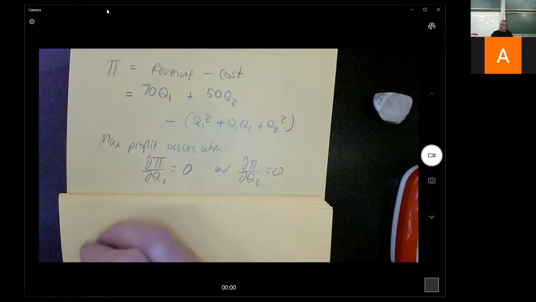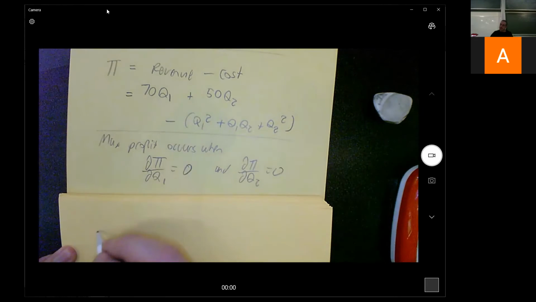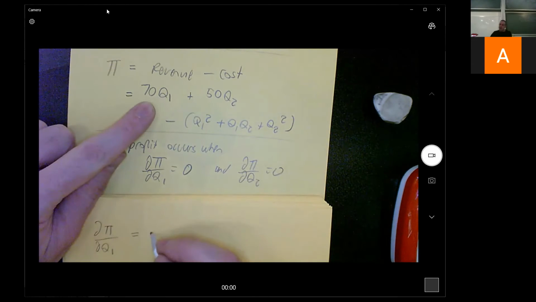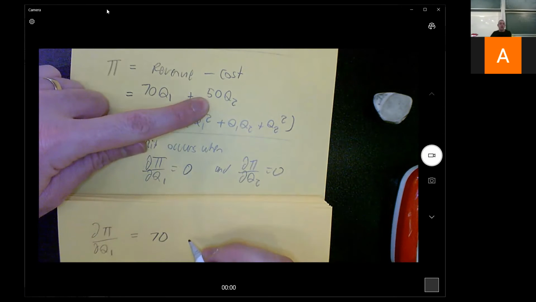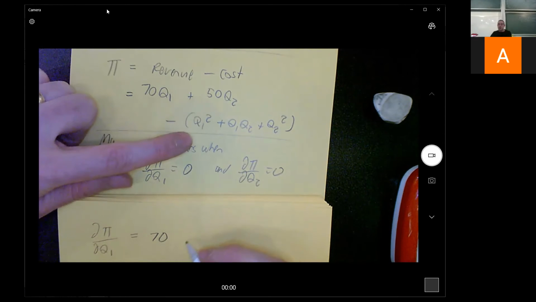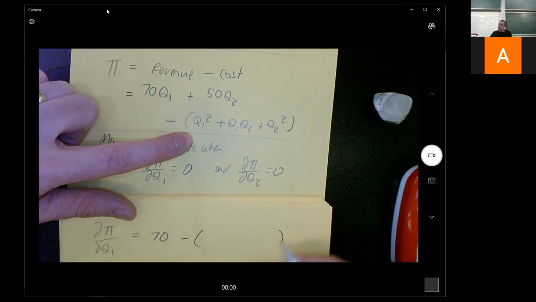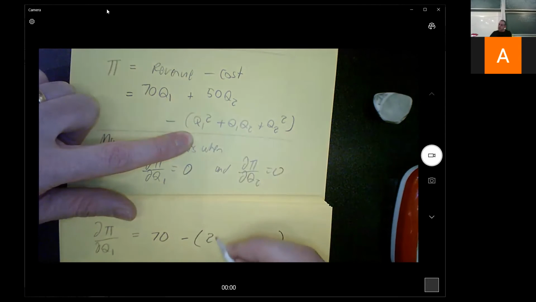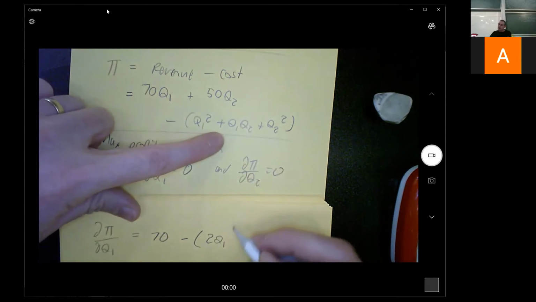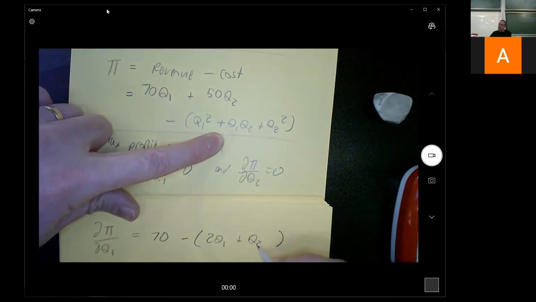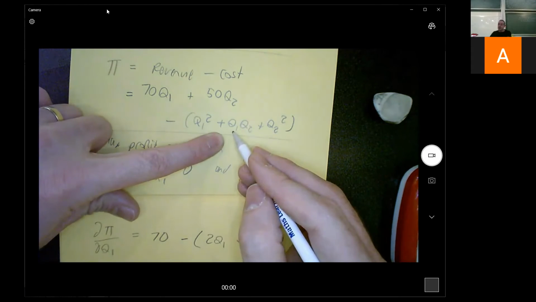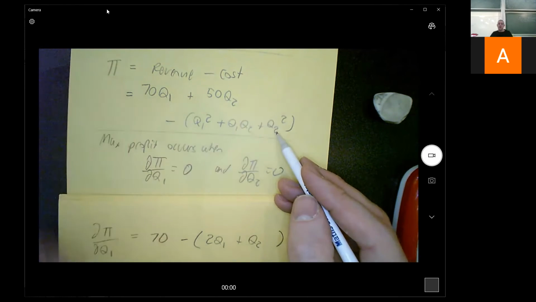Okay, so let's figure out what they are. So that should be 70. That doesn't involve a Q1, so I'm not going to have that. And then I'll be minus 2Q1. And the derivative of that would be the number Q2, because that's the constant that's multiplied by Q1. And that doesn't involve a Q1, so it'll be 0.